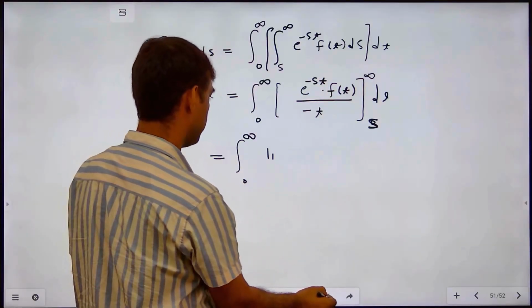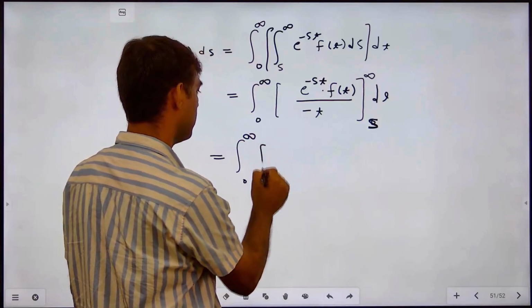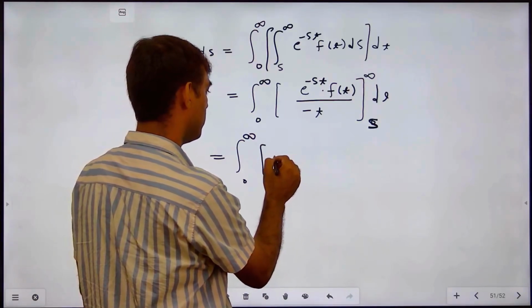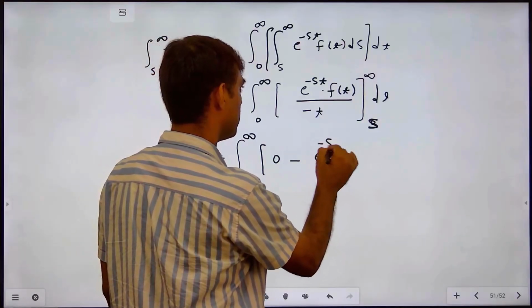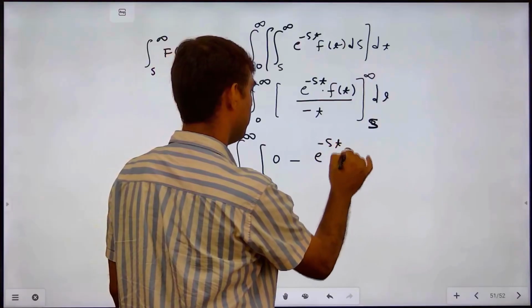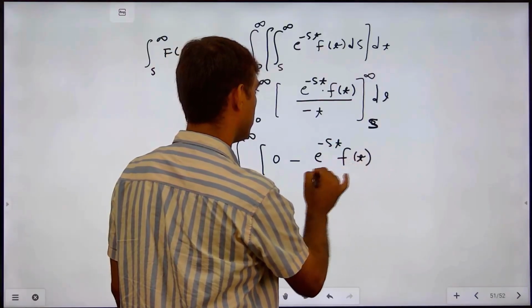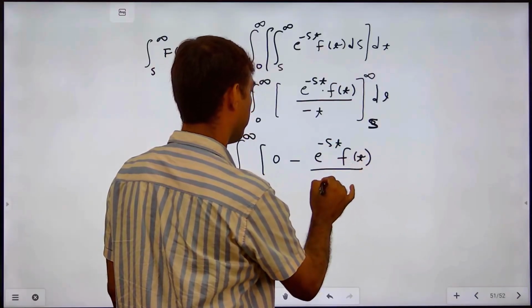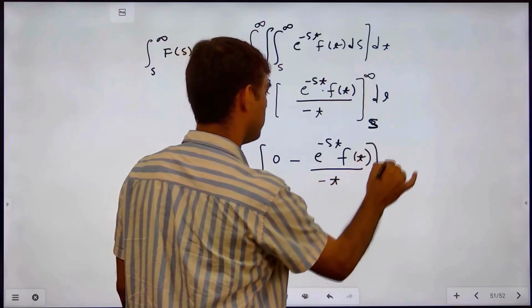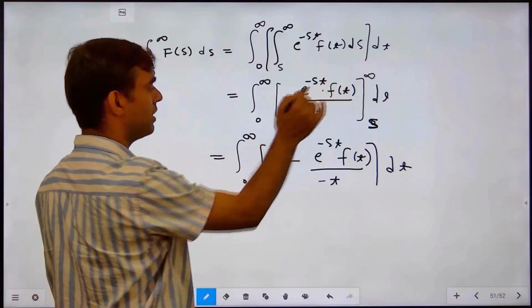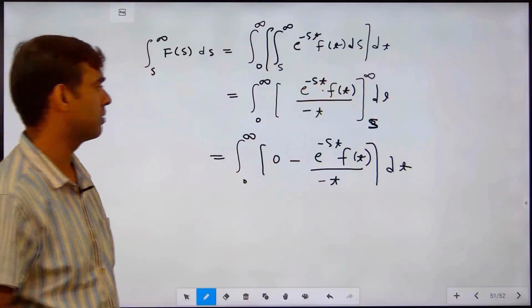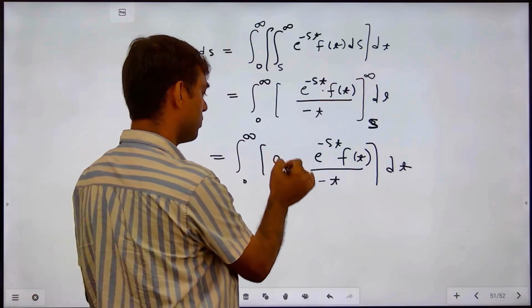So, what is the value? This becomes 0 minus e to the power minus st f(t) upon minus t, dt. If we put the upper limit, the first term becomes 0.